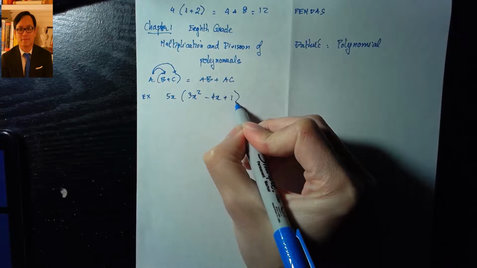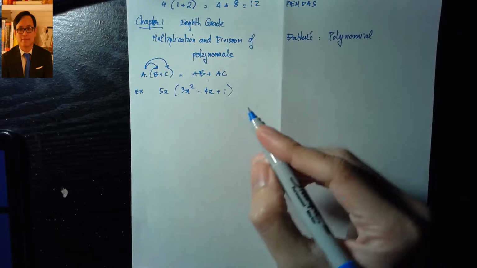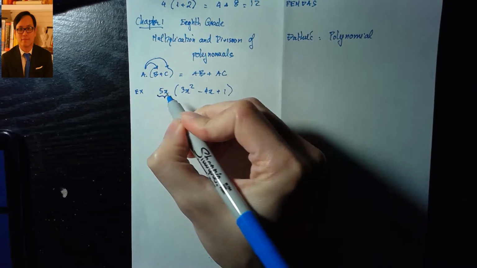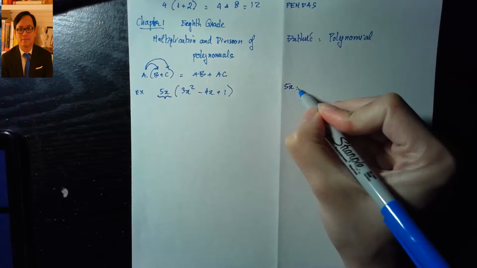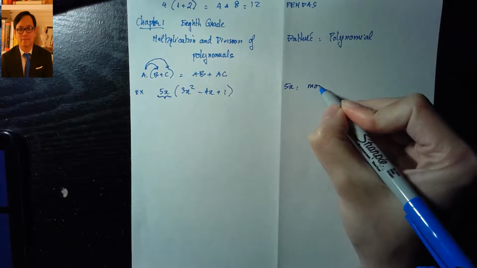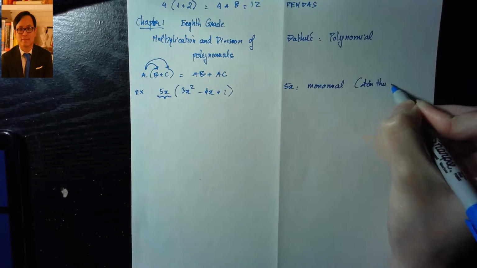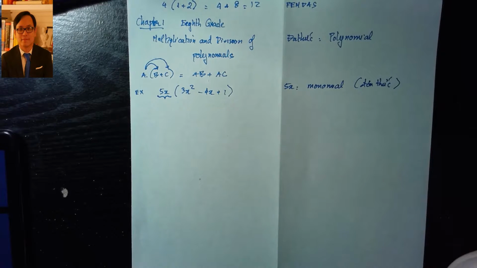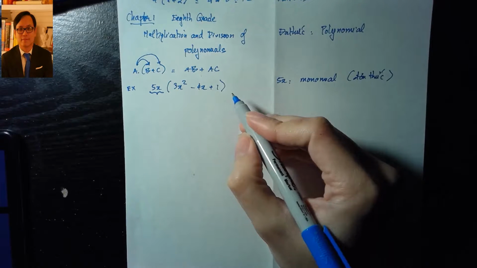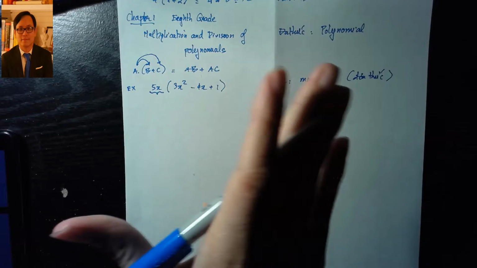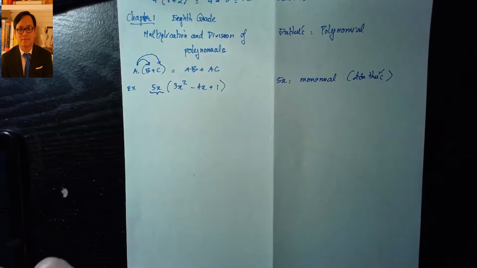So you can see over here we have two polynomials. The first one, the 5x here, is called a monomial, gọi là đơn thức. And the second one has more than two terms. The second one here is called a trinomial.